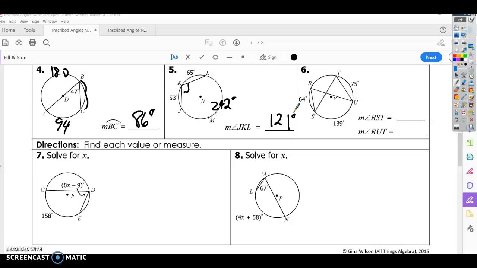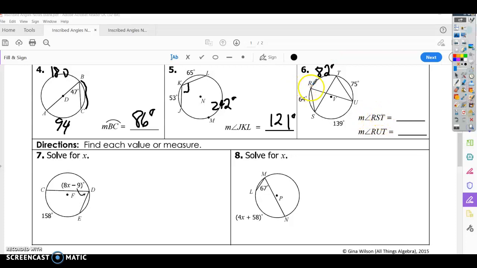All right, number 6, we're given 64 degrees, we're given 139 degrees, and we're given 75 degrees. So again, we know the whole circle equals 360, so we can take these three numbers and subtract from 360 and get 82 degrees here. And then it says, what is the measure of RST?